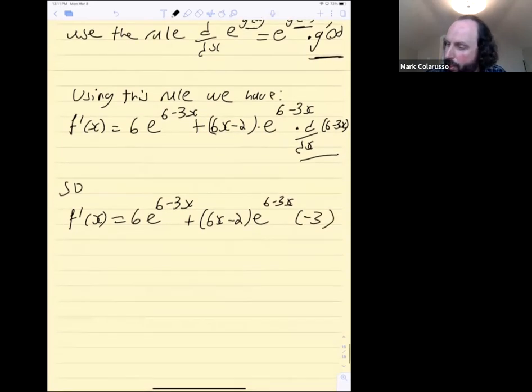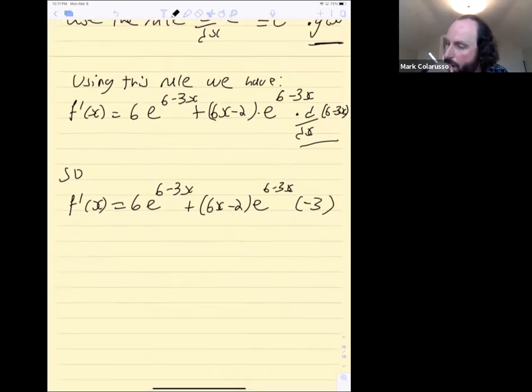Okay, now we can clean this up a bit. What's the best way to clean this up? So f prime at x is equal to 6 e to the 6 minus 3x, plus minus 18x, plus 6 e to the 6 minus 3x.